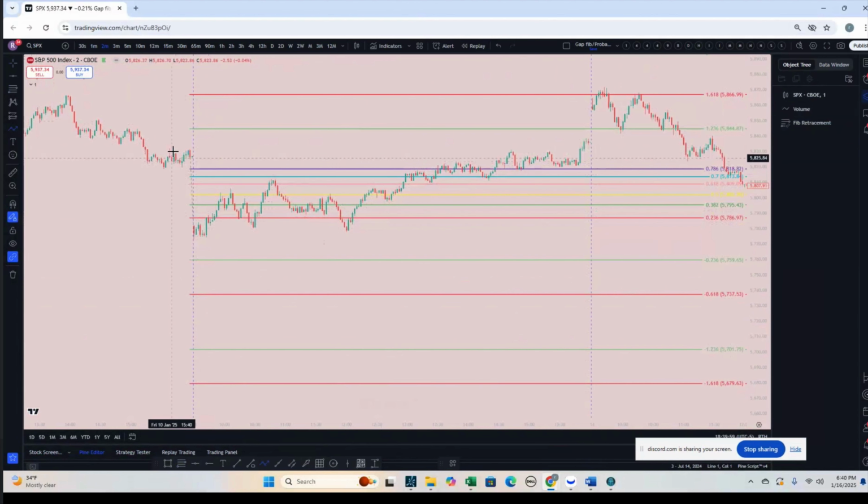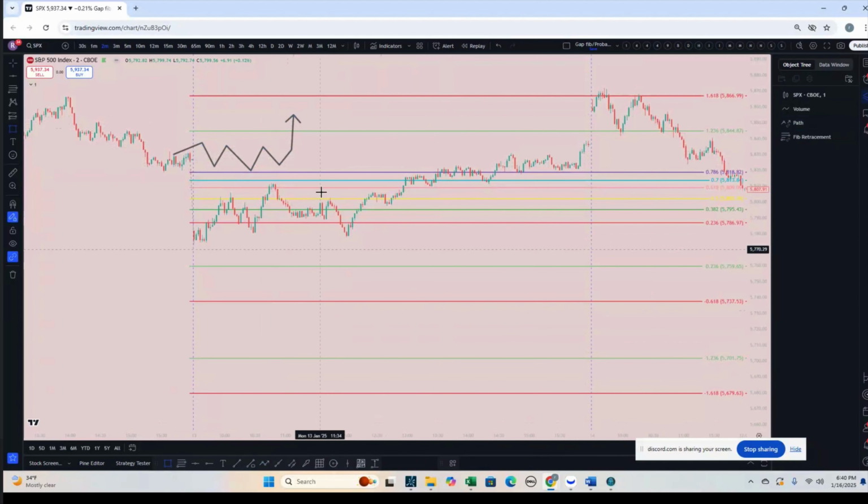Scenario 2, gap up, we don't hit, we hesitate in this area, which is the no trade zone.